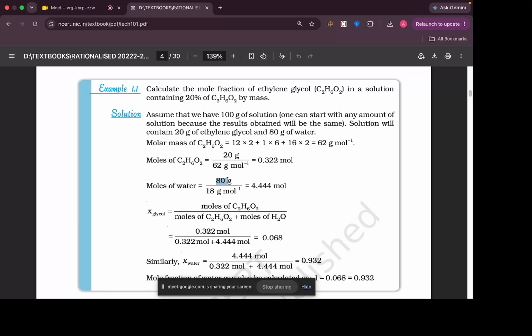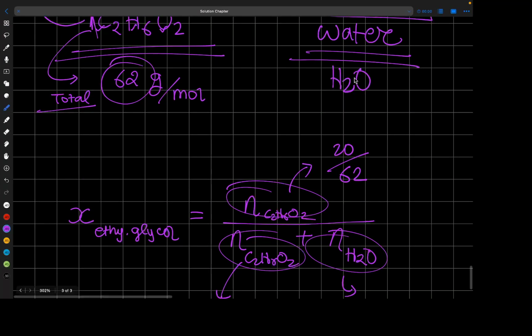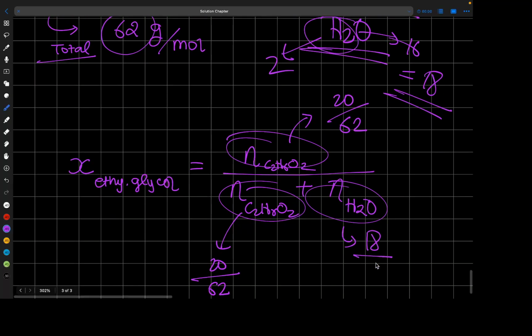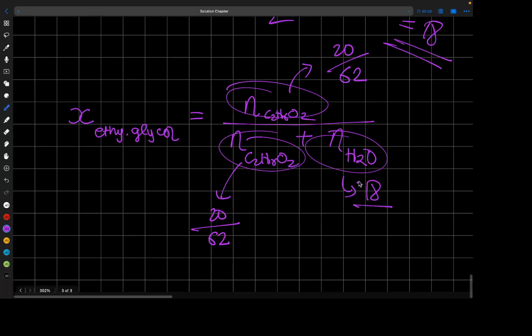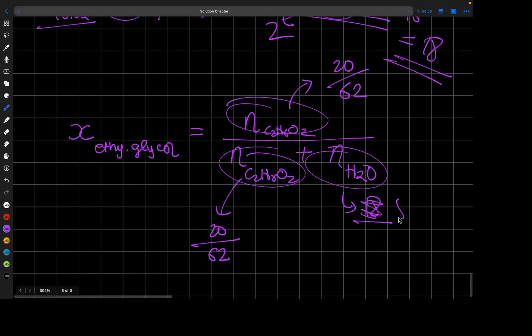And I know that 18 gram is the molar mass of water, H2O. Oxygen is 16, hydrogen is 2, 16 plus 2 is how much? 18. So this is 80 divided by 18.